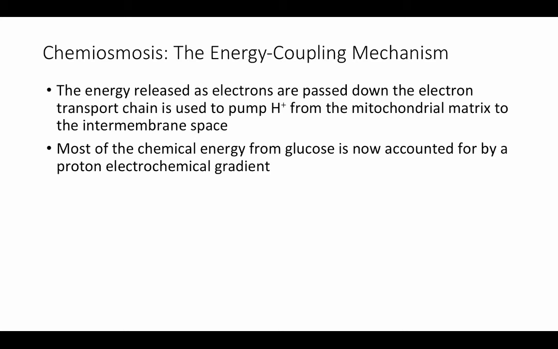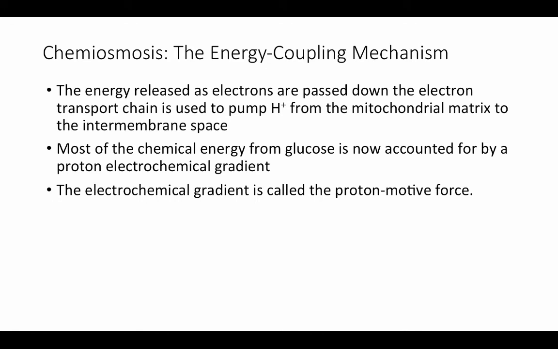So most of that chemical energy at this point that came from the glucose, that came from the food that was eaten, is now accounted for by this proton electrochemical gradient, which contains a large amount of potential energy. It's both a concentration gradient, but remember also a voltage gradient because each of those protons has a positive charge. So we call this electrochemical gradient the proton motive force.